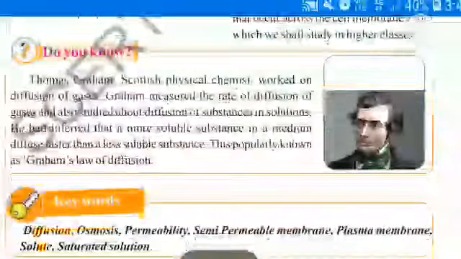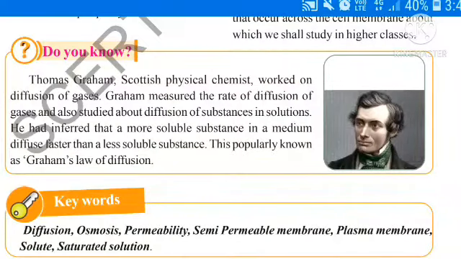He is the famous scientist Thomas Graham. Graham measured the rate of diffusion of gases and also studied diffusion of substances in solutions. He introduced Graham's law of diffusion. This is about the diffusion process.